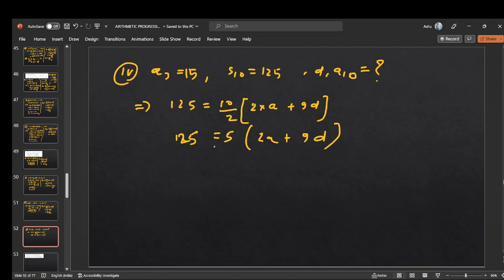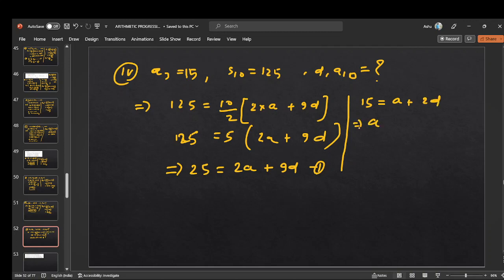Now 5 into 10, and 5 into 25 equal to 2A plus 9D. That is the first equation. Now in the second equation, A3 is given, that is 15 equal to A plus 2D.